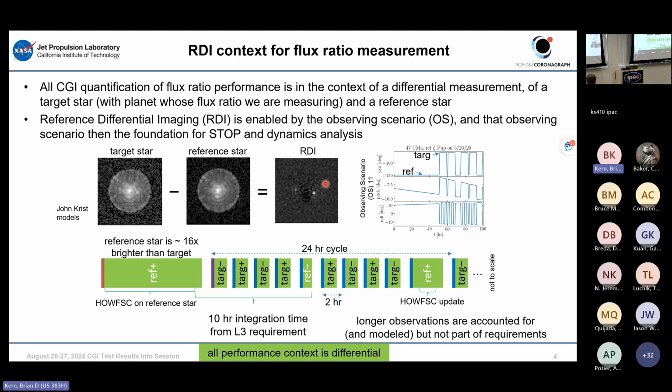It's in the difference between the data we took on a target star and the data we took on the reference star. It's in this context, post-differencing, that we're quoting noise.